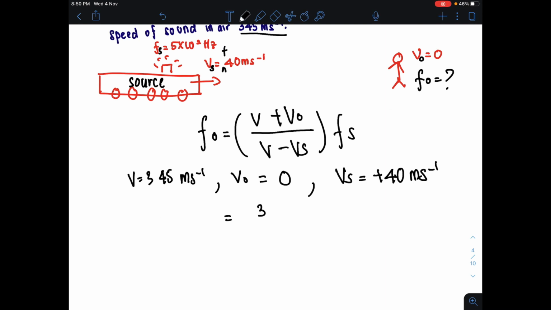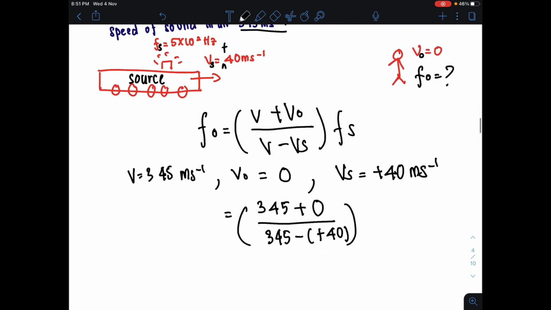So, we are going to now substitute 345 campur dengan kosong. V0 kita kosong. Bahagi dengan 345. Tolak dengan positif 40. Didarabkan dengan Fs kita. Fs dalam soalan dia dah bagi, which is 5 darab dengan 10 kuasa 2.